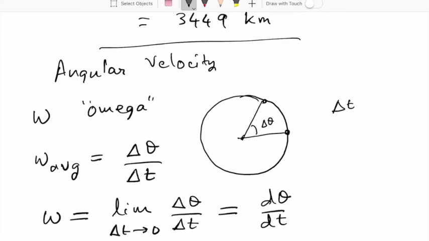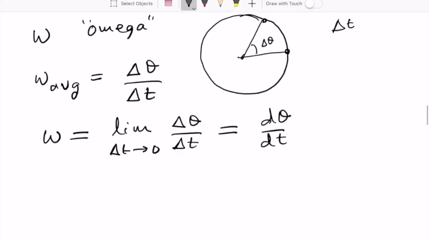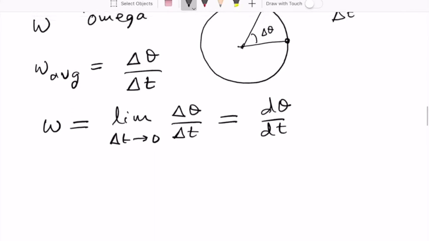So this concept of instantaneous omega is very similar to the concept of instantaneous velocity that we talked about a long time ago back in chapter 2. So we get this very important relationship that omega is just d theta dt, the rate of change of angular position.